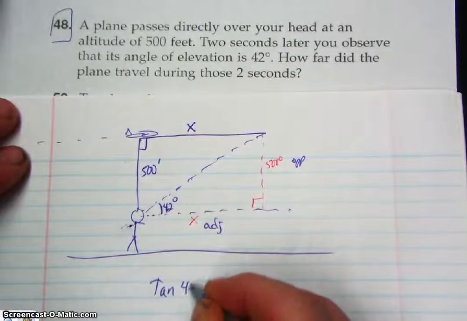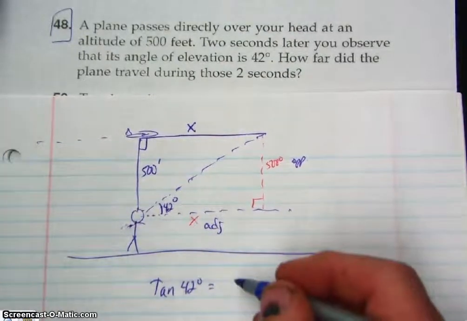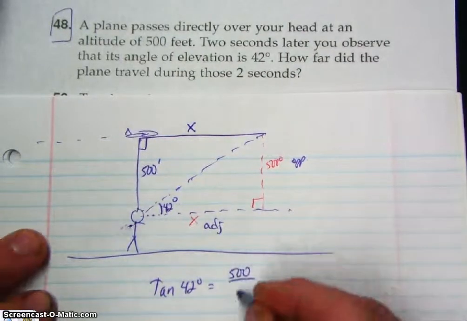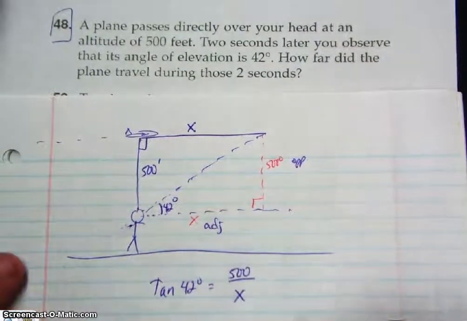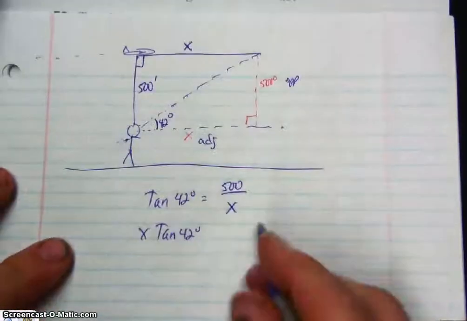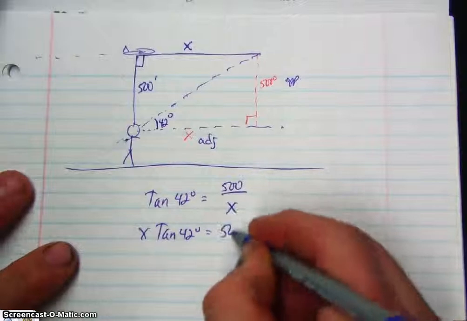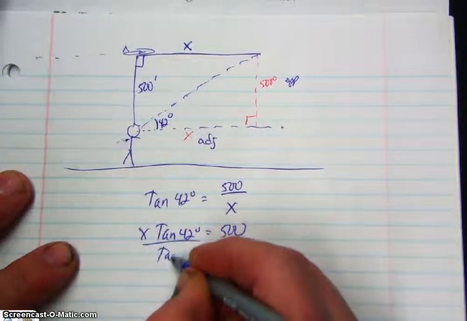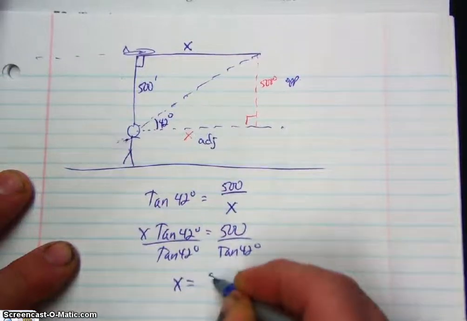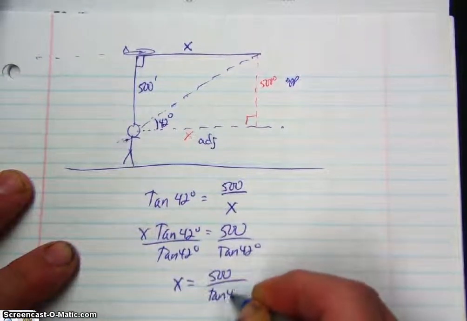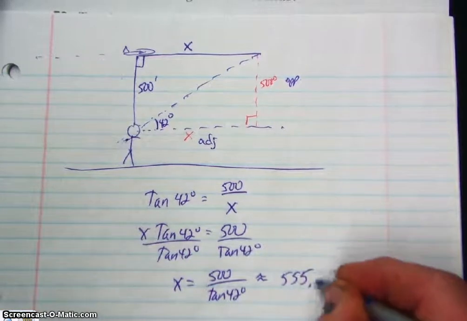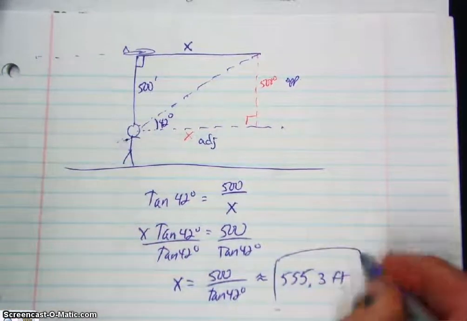The tangent of 42 degrees is equal to opposite over adjacent, so x over 500. Then x is equal to 500 times tangent of 42 degrees, and that is approximately 555.3 feet. And that's your answer.